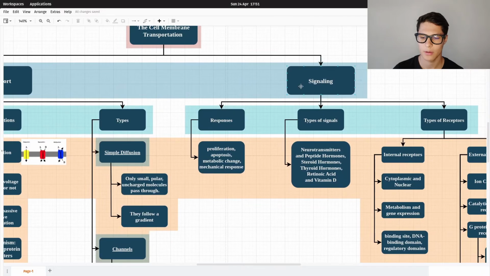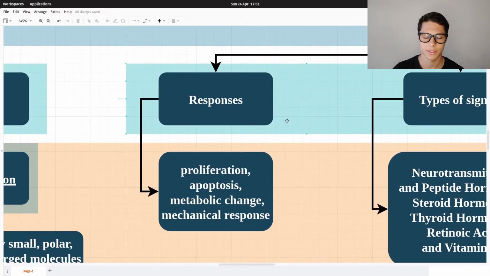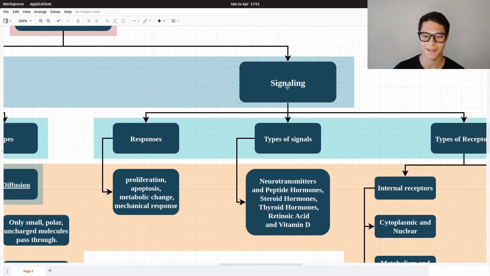Okay, so now let's go with signaling. Signals trigger responses. Responses such as proliferation, apoptosis, which means cell death, metabolic change, and mechanical response. Signaling is between cells, and transport is on the membrane of the same cell.